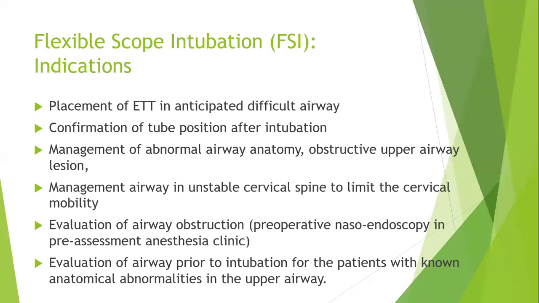It can also be used for minor abnormal anatomy, obstructive upper airway, and is very handy in airway management of patients with unstable C-spine. Evaluation of airway obstruction, and you can use it to evaluate the airway prior to intubation for patients with known abnormal anatomy.